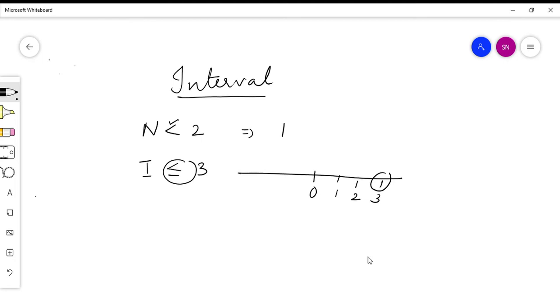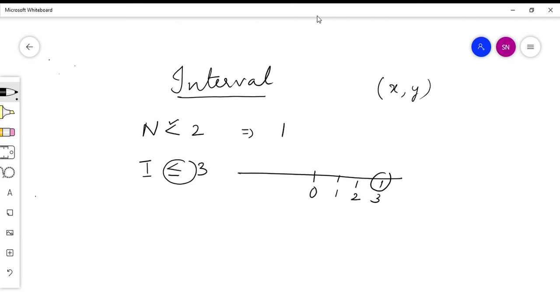For writing it in terms of brackets, we all know what an ordered pair is, correct? An ordered pair has a first value separated by a second value. So this is an ordered pair. Here also we will write it in terms of brackets, but we make use of a closed bracket and a curved bracket.